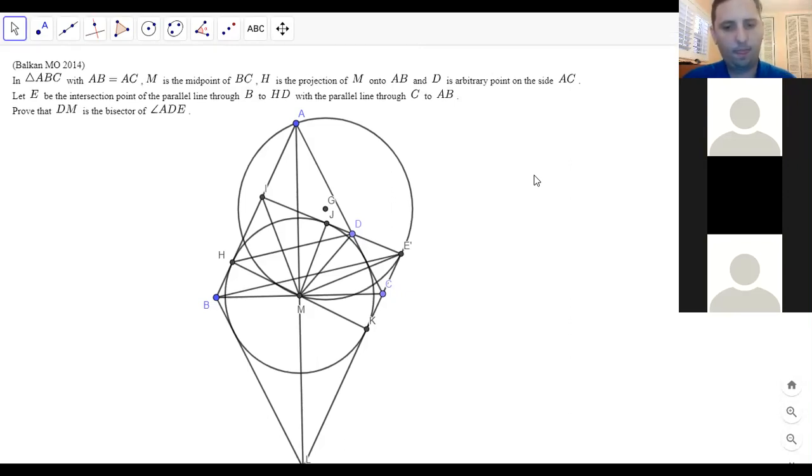So yeah, the first part of it, we can do it just with similar triangles.